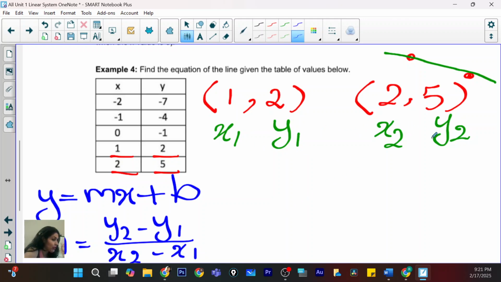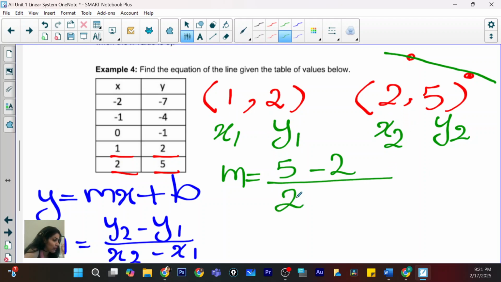So we have all here, so we are going to plug the numbers. So m equal to y2 minus y1, y2 is 5 minus 2 divided by x2 is 2, x1 is 1, minus 1.